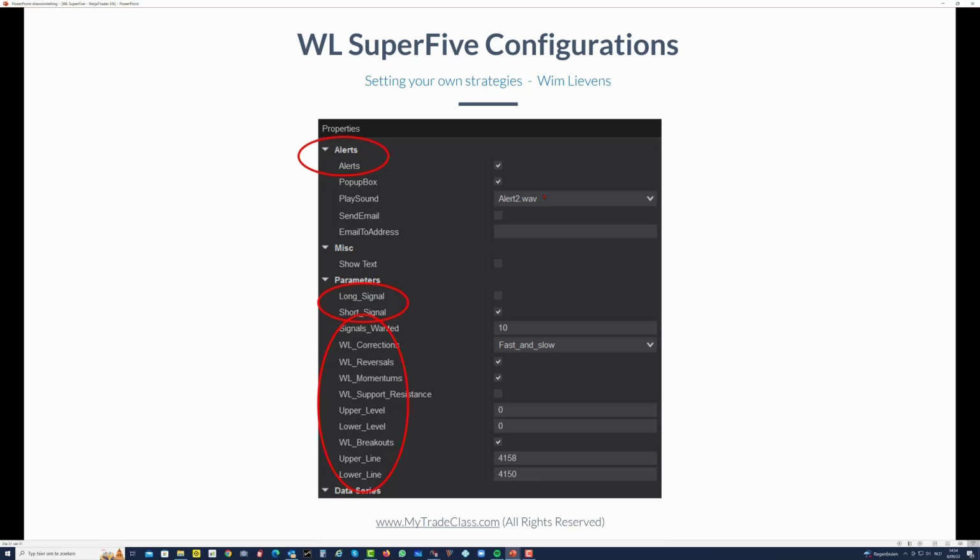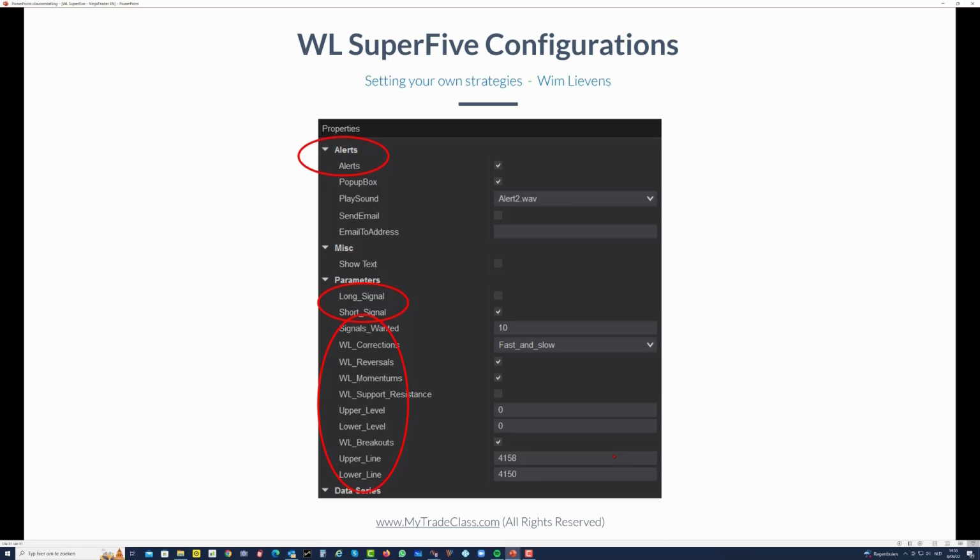Me personally, I will just go for the young trends, because in terms of potential they can give me a lot more. And then what you see here are the corrections, the reversals, the momentums, support and resistance and breakouts, where of course you have to give the upper and lower level of support or of breakout, and this is basically very straightforward.